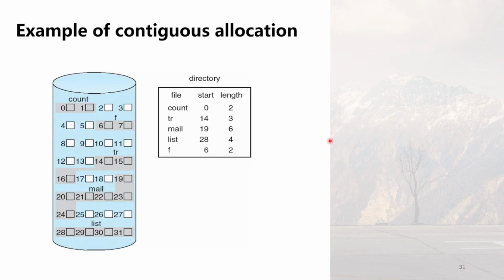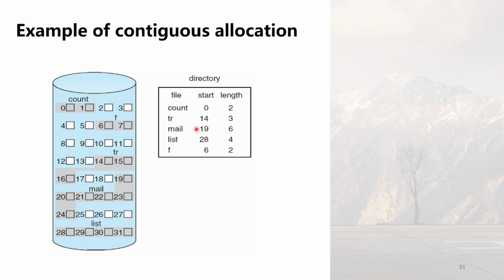Here, let's look at a simple example. Let's assume a target directory contains only 5 files: count, tr, mail, list, and f. In this directory, we only need to record the file name, the starting point of storage, and the length of the file.